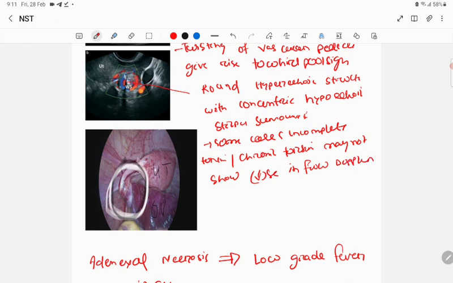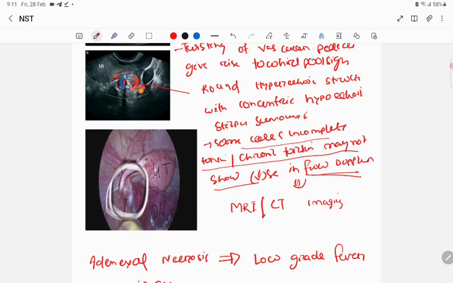So what will we do in that case? In some cases you will get incomplete torsion or chronic torsion, which may not show decreased flow in Doppler. In that case you can go for MRI or CT imaging.